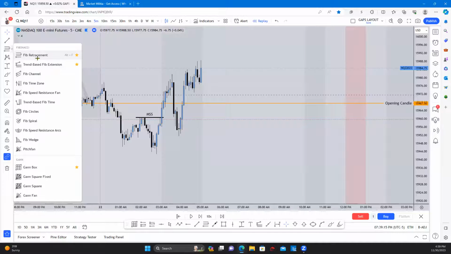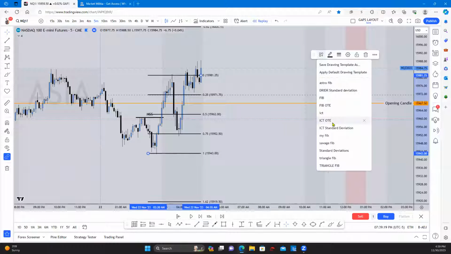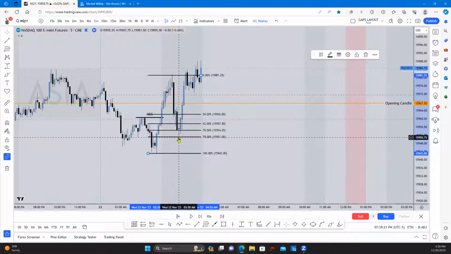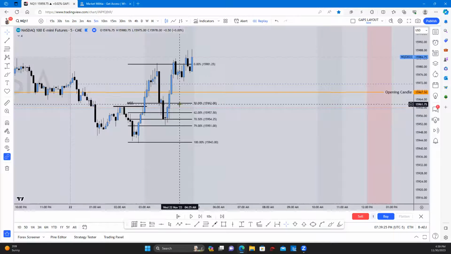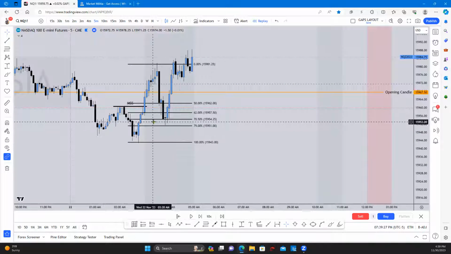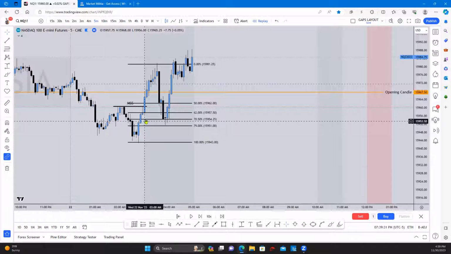Now we want to buy in a discount. So if we take this range from low to high, ICT OTE, 79 level comes down here. So anywhere underneath 50%, you want to be a buyer. So 79, we have a 5 minute gap in here, 5 minute gap in here. So you can be a buyer anywhere in here.